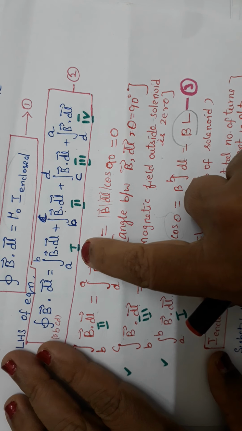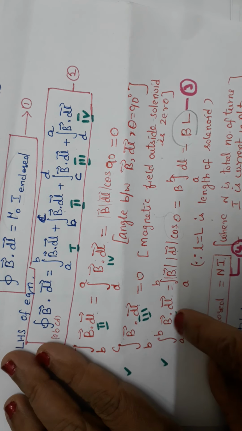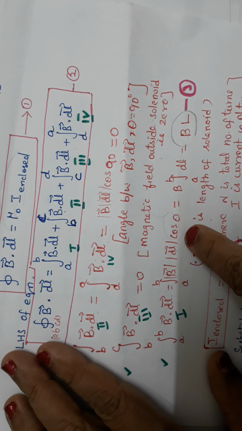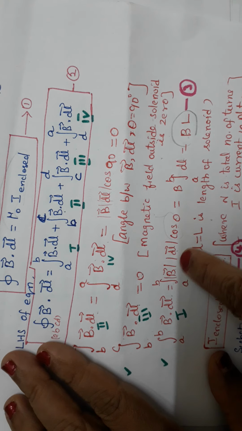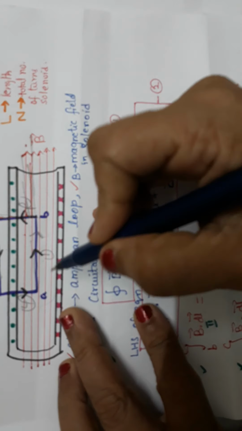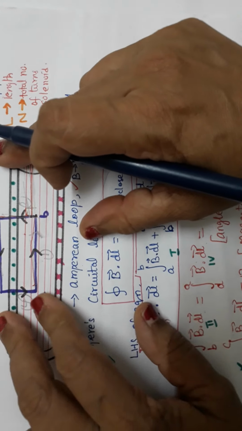So what is the leftover integral? First integral. So line integral A to B, B vector dot dl is equal to, you are writing it in cos form, modulus of B vector, modulus of dl vector, cos theta. The angle between B vector and dl vector, you see in this AB integral, look at this diagram.